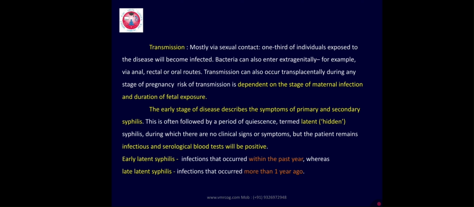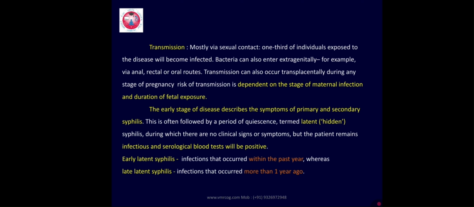Now we have just seen that primary and secondary are followed by latent disease. This can also be divided into two stages: early latent and late latent. It is labeled early latent when the infection happened within the past 1 year. If the infection was more than 1 year ago, it is labeled late latent.